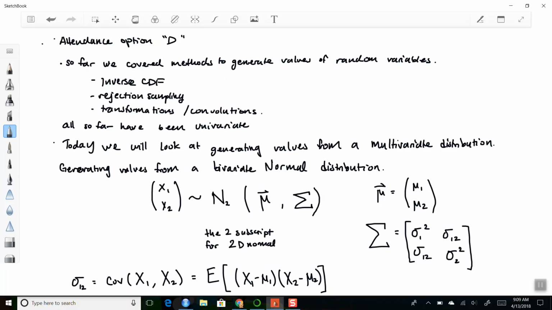And if the covariance is 0, that means what? x1 and x2 are independent, right? And if they're independent, then you can sample x1 from one normal and x2 from another normal independently, and that's fine, okay?